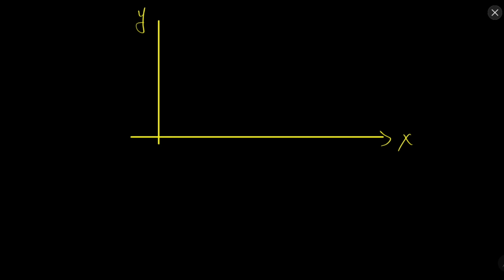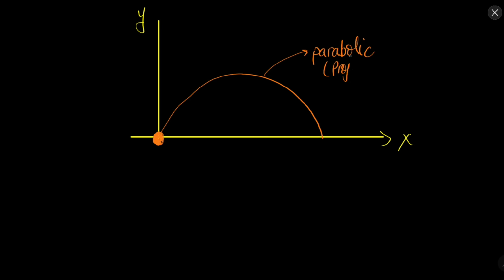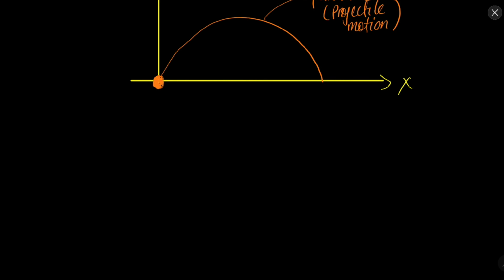Now let's say you shot one object from here, and what will happen? Under the influence of gravity, this object will follow a certain path, and that path will look something like this. This parabolic trajectory is called projectile motion.